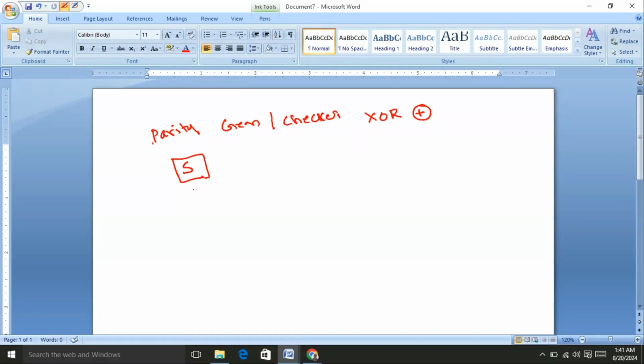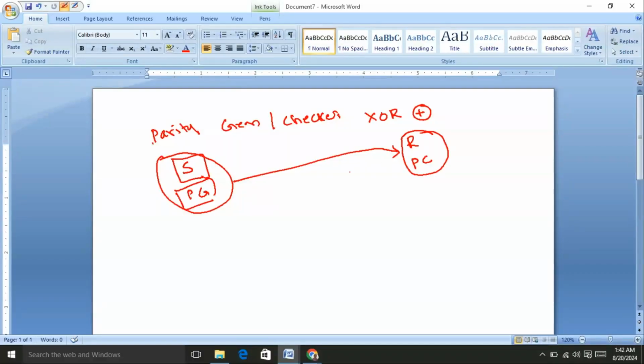After generating the appropriate parity, the information is transferred to the destination or receiver, where the parity checker checks whether there are any bit changes within the information or not. In this way we identify the errors.